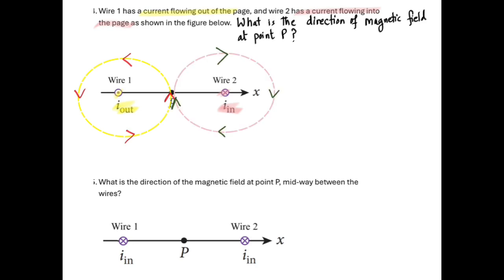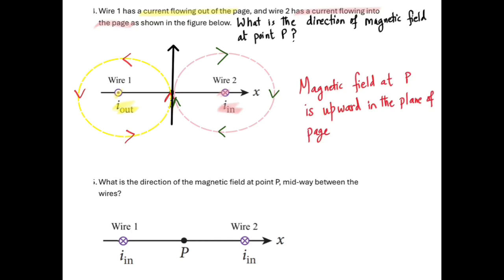For wire 2, again it will be circular, but this time because the current is into the page, your fingers will curl in clockwise direction. But we are interested at point P. At point P, we can see that both the magnetic field directions are upward. That means they will add up. So magnetic field at P is upward in the plane of the page.